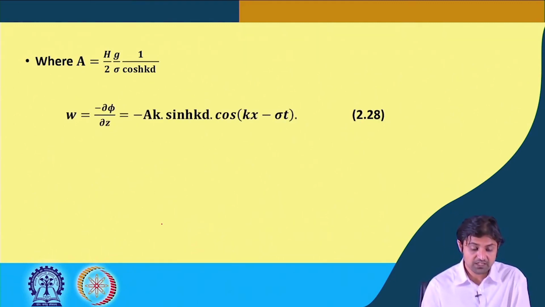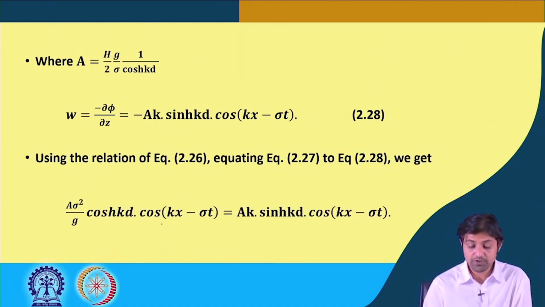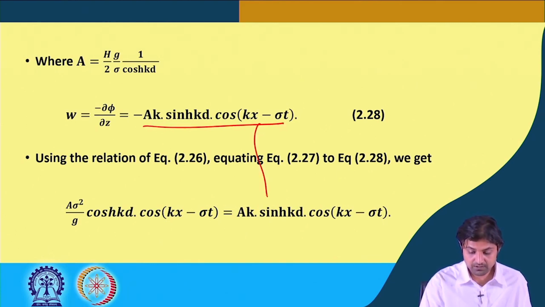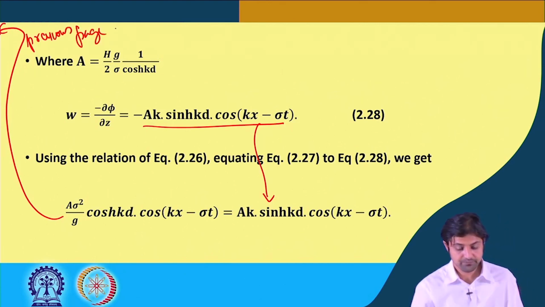W is also minus ∂φ/∂z, that is minus A k sinh kd into cos(kx − σt), and we equate both these terms from the previous equation with this one here, because both are the same.